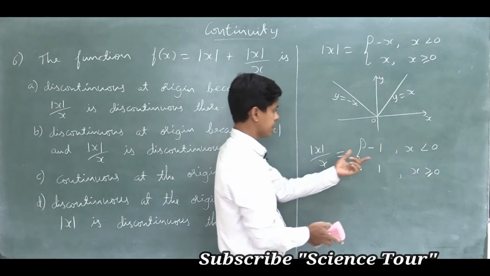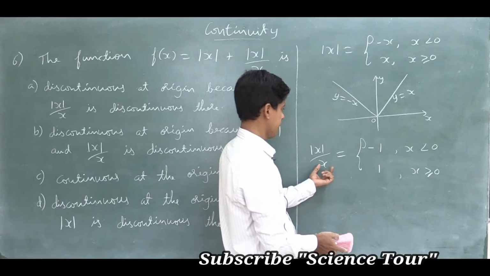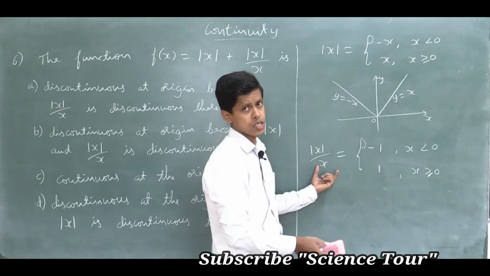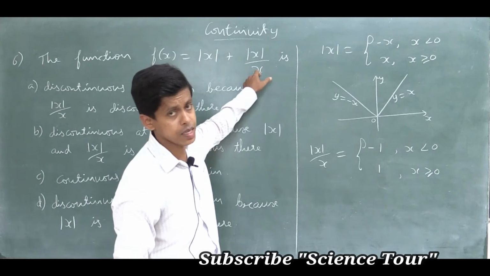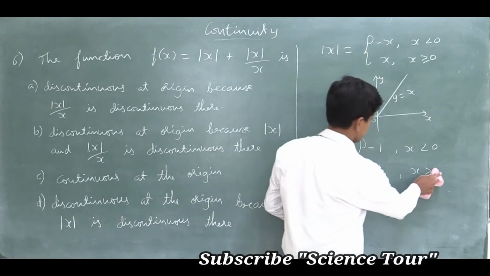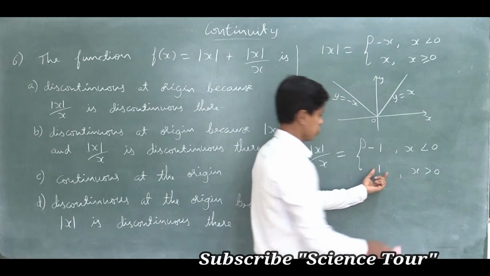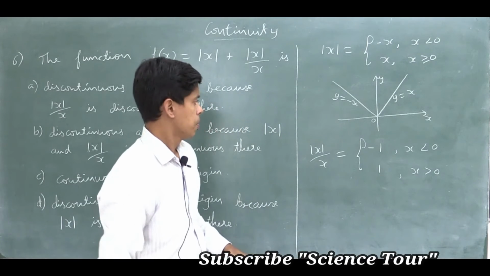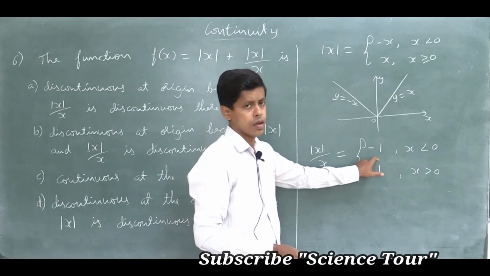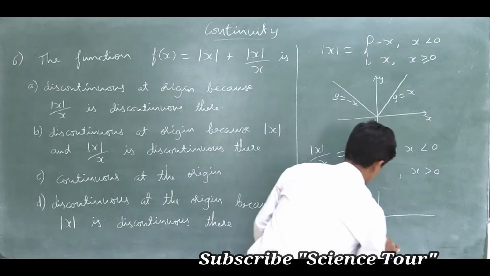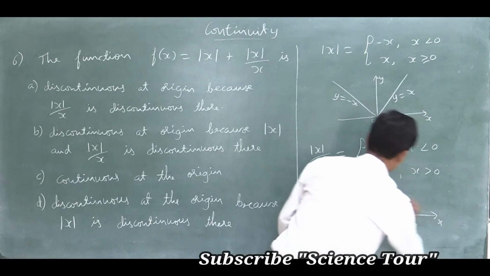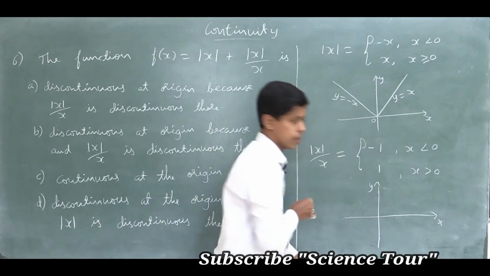But what about at 0, right? At 0 the function is not defined here, correct? So modulus of x divided by x is not defined, so only for x greater than 0 you will get 1. Well, now how will the graph of this function look? You have got the x axis and the y axis over here.